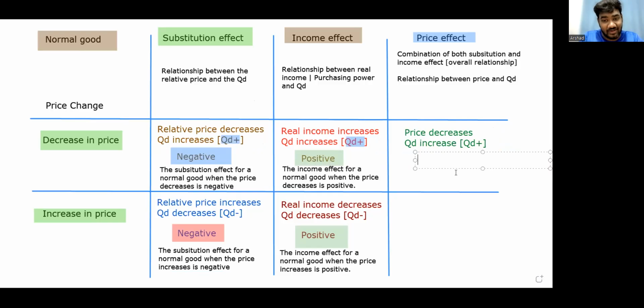Okay. Then what type of relationship is this? Price decreasing, QD increase. That is a negative relationship. Okay. So what can I conclude?